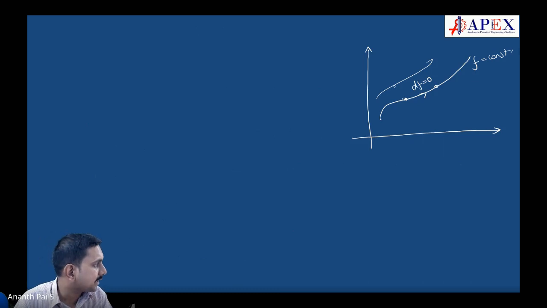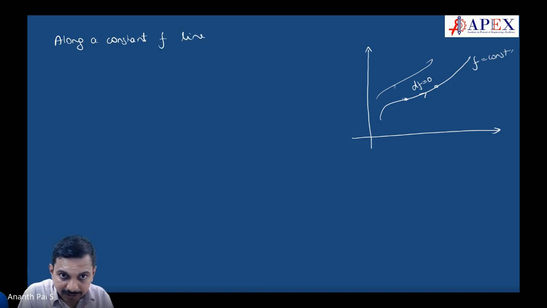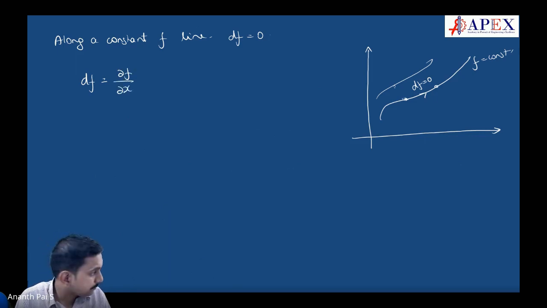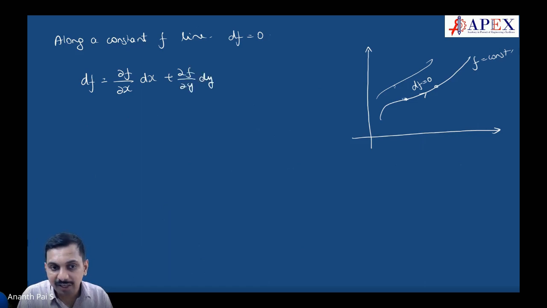But along this line, it is 0, right? So along a constant f line, df is equal to 0. So we can write df is equal to partial f by partial x dx plus partial f by partial y dy is equal to 0. I will write this as M of x comma y dx plus N of x comma y dy.